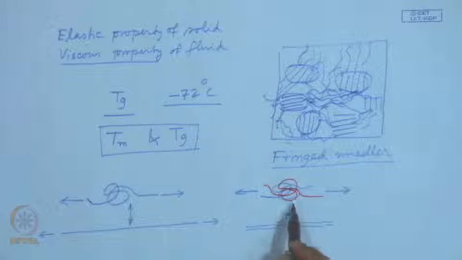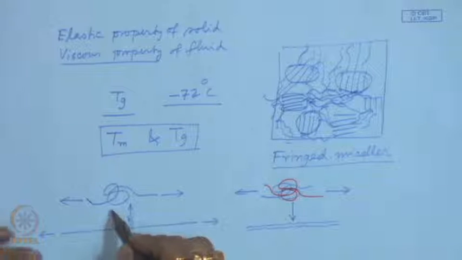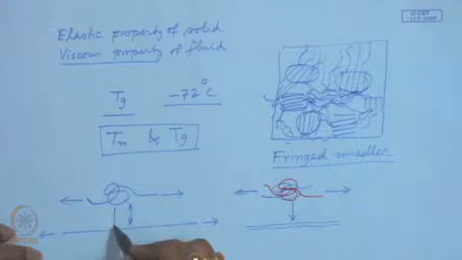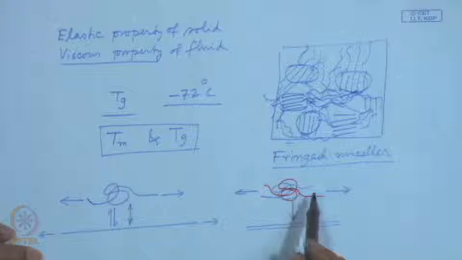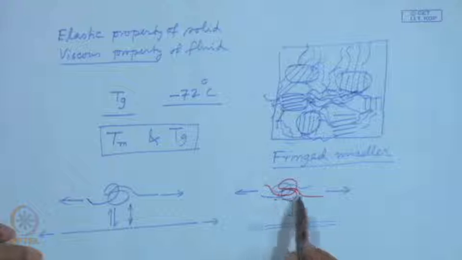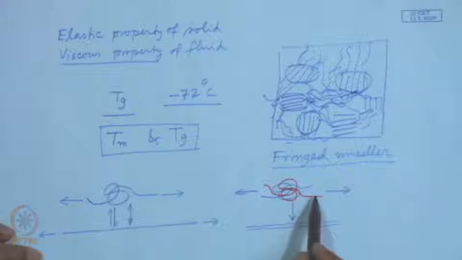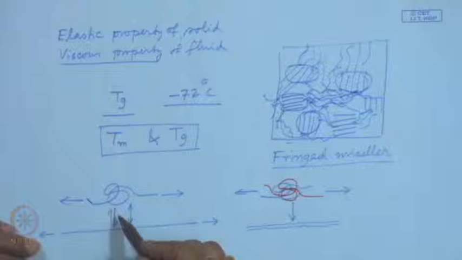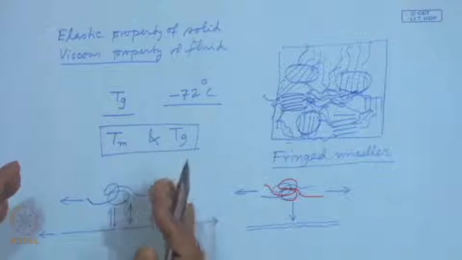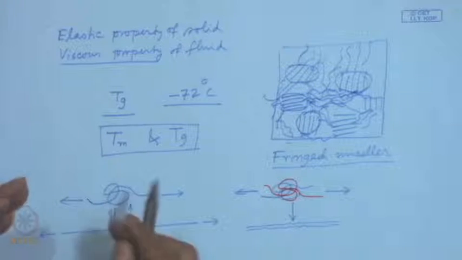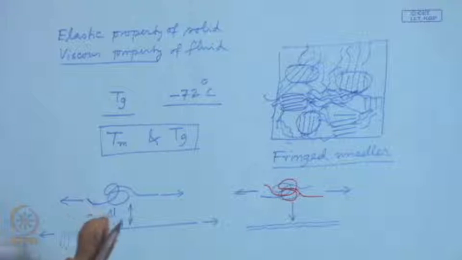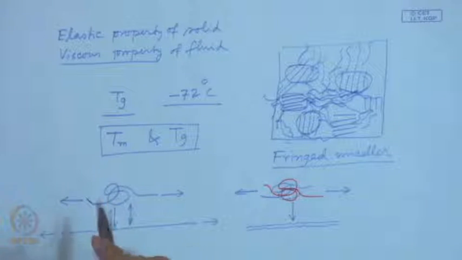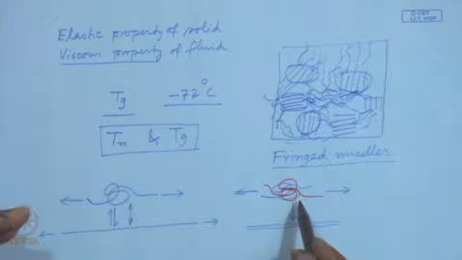So, it cannot be reversible. Here, as you have seen, in this case it is reversible, in this case it is irreversible. That happens due to permanent slippage of the molecule as a whole. Now, in this case, a small deformation to a small extent can unfold a folded segment, but if the amplitude of such deformation is small, it can revert back. In this case, it cannot.